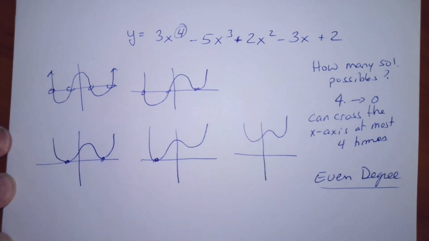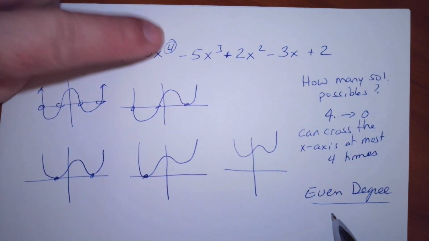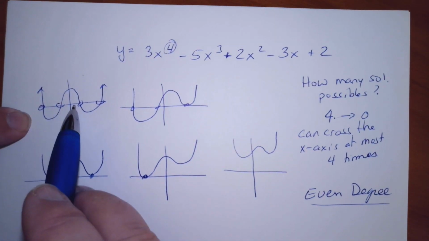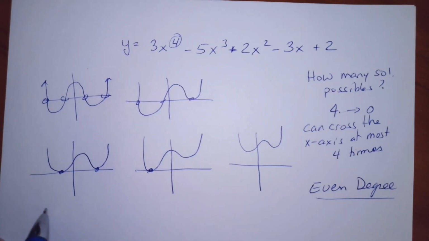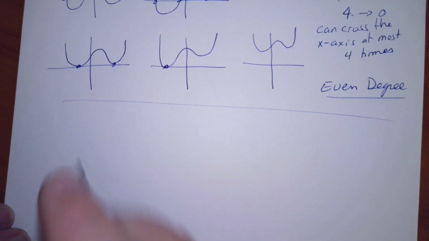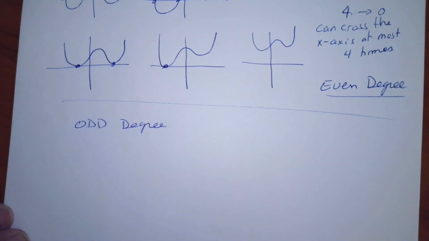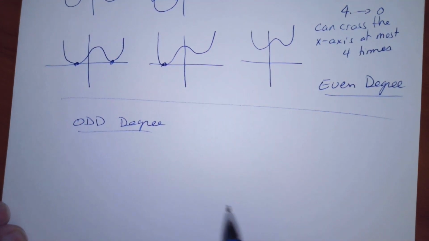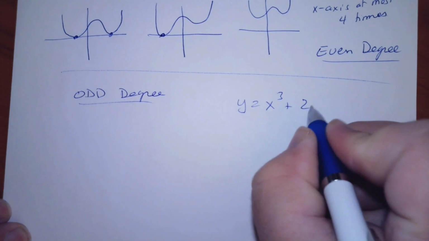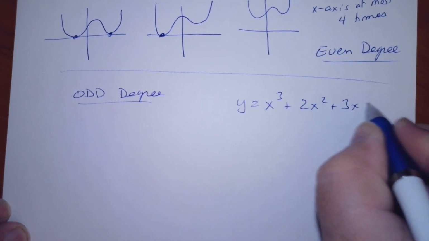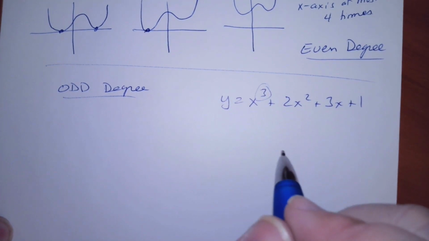And that's for even degrees. If you have an even number as the highest exponent, that's what's going to happen. If you have an 8, you'll have at most 8 and at least 0. If you have an odd degree, let's say x cubed, x squared, that's the highest, so this is an odd exponent, odd degree.